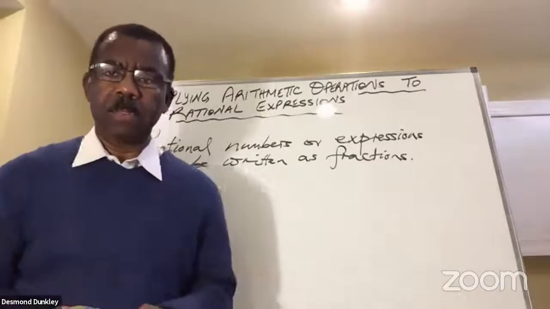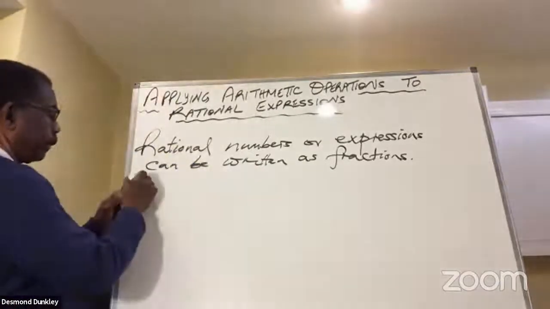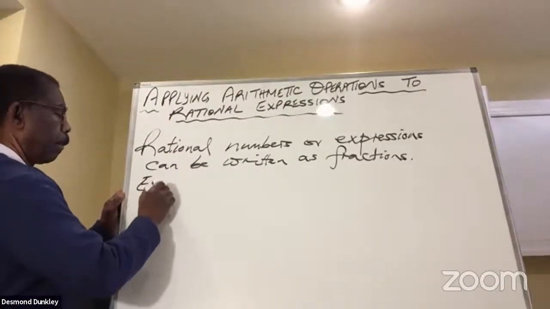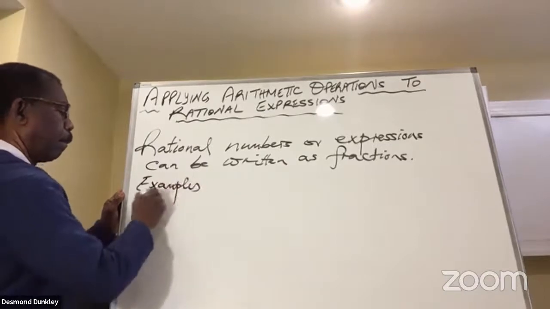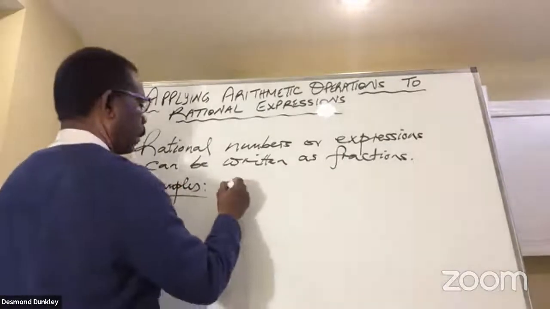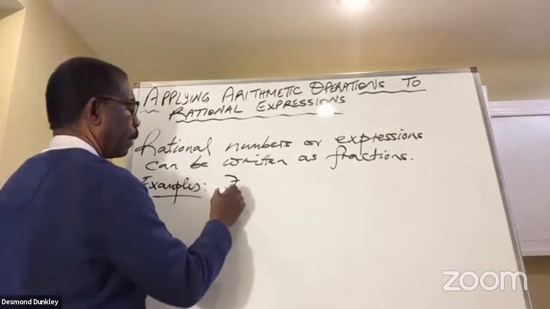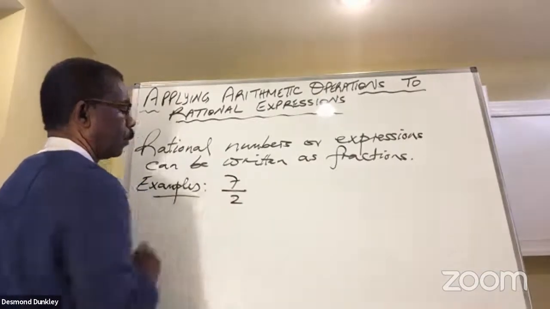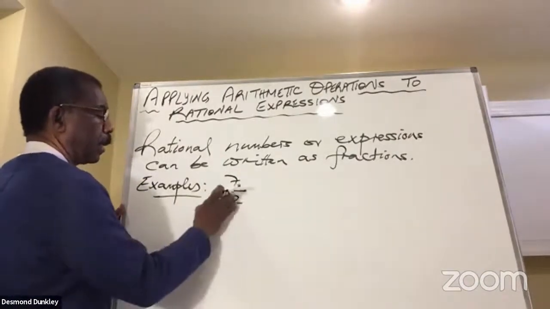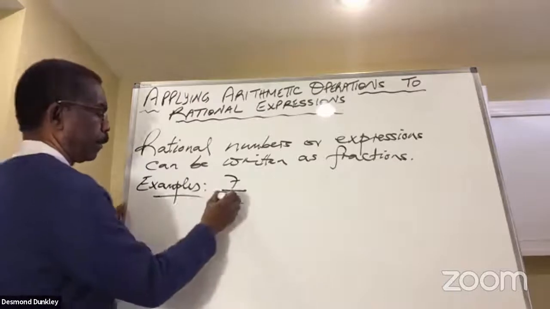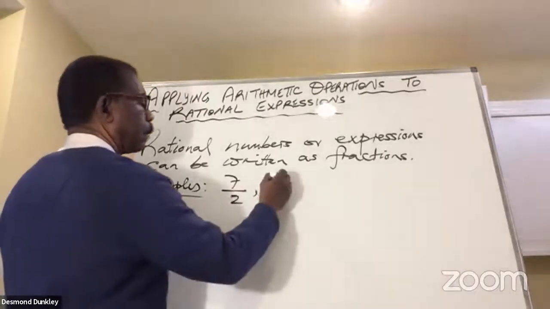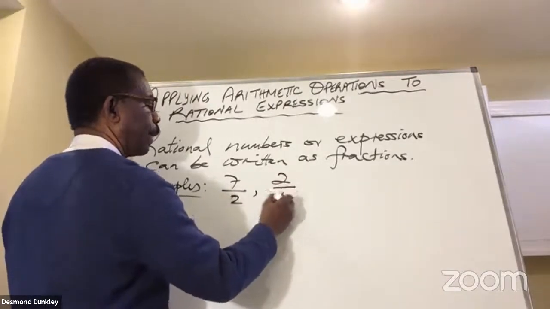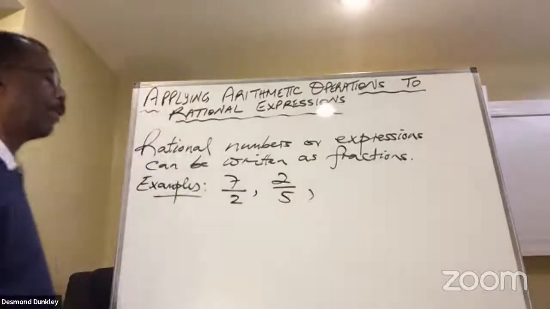That's all. Examples: 7/2, that's a rational number. 2/5, that's a rational number.